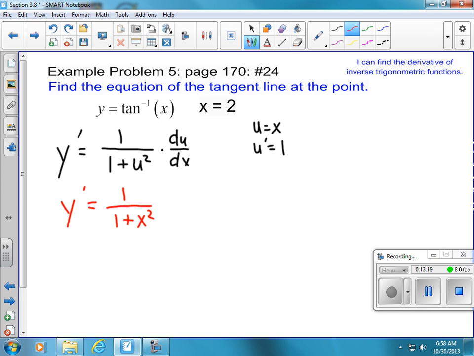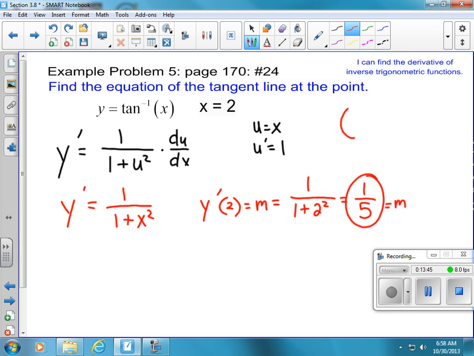We have to plug in x equals 2 and, oh yeah, we have to find a point, right? So then let's plug in a 2, y prime at 2, and this will give us our slope, right? Equals 1 over 1 plus 2 squared, which is 1/5. So our slope is 1/5. Now our point is 2, and we need to take the inverse tangent of 2. Now if you do that in your trusty calculators, make sure it's in radians.